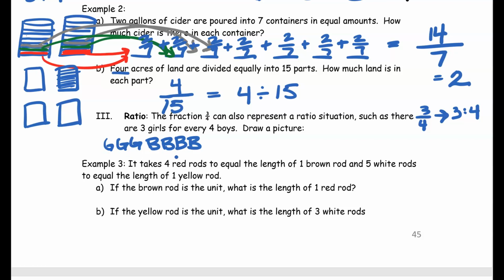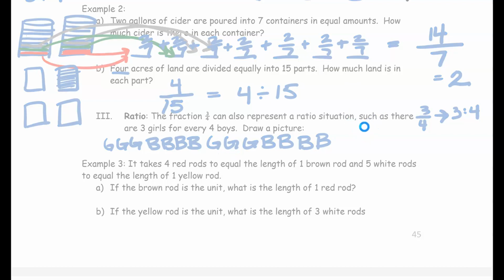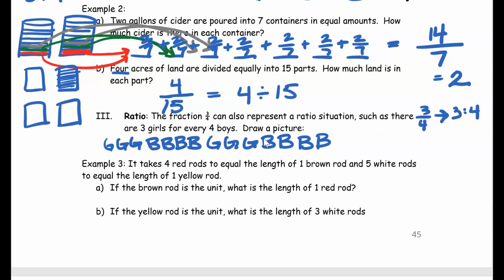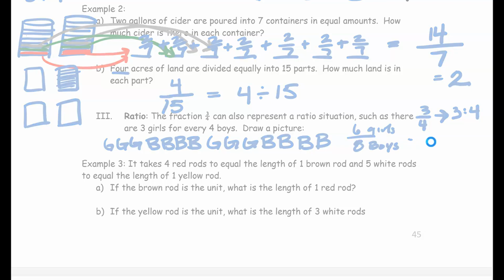You could also continue. You could think of a classroom, for example. Maybe there are more than 7 kids. So this is an example of 14 children, but there's still a ratio of 3 girls for every 4 boys, because in this instance we have 6 girls and we have 8 boys, which still reduces to 3/4.